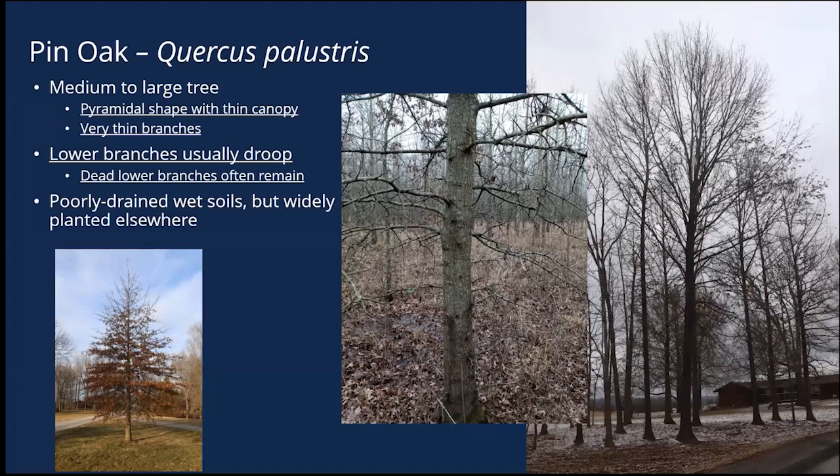And that really is a common characteristic, and it's a way of picking out a pin oak even from a distance, as you see those small branches lower to the ground that are pointing down at the ends and hanging on to the tree even after they're dead. So to me, pin oak's one of the easier ones to identify by the form, just seeing it from a distance, because of that tendency to have those droopy lower branches.